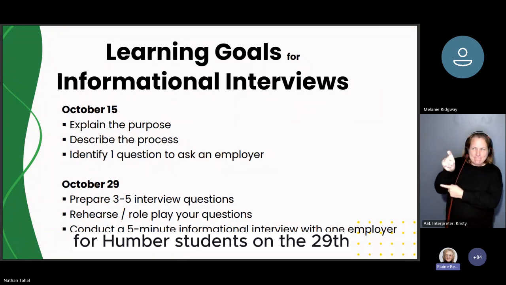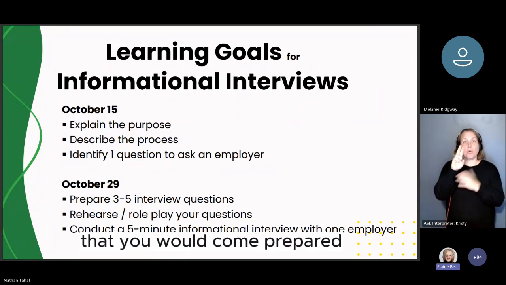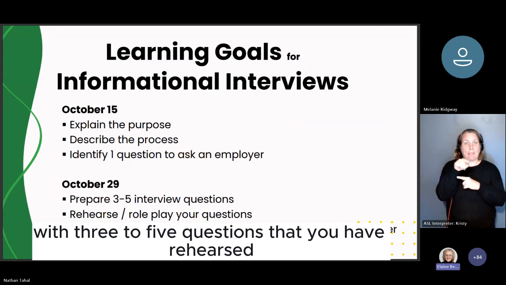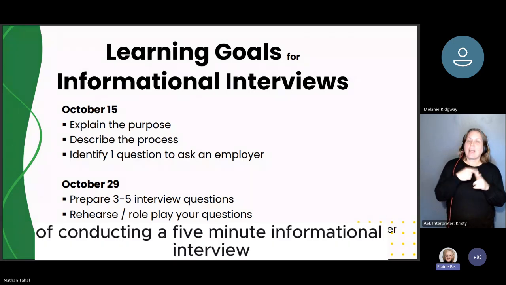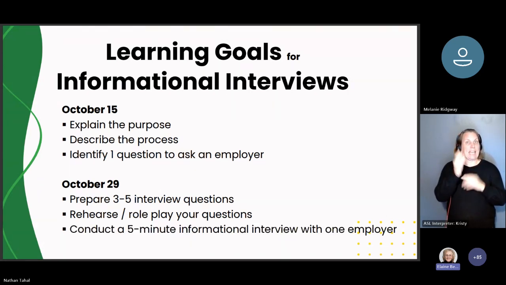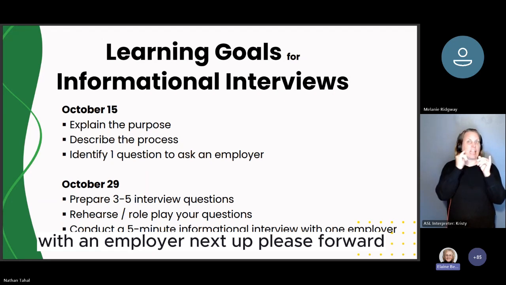For Humber students on the 29th, that you would come prepared with 3 to 5 questions that you have rehearsed with the goal of conducting a 5-minute informational interview with an employer.